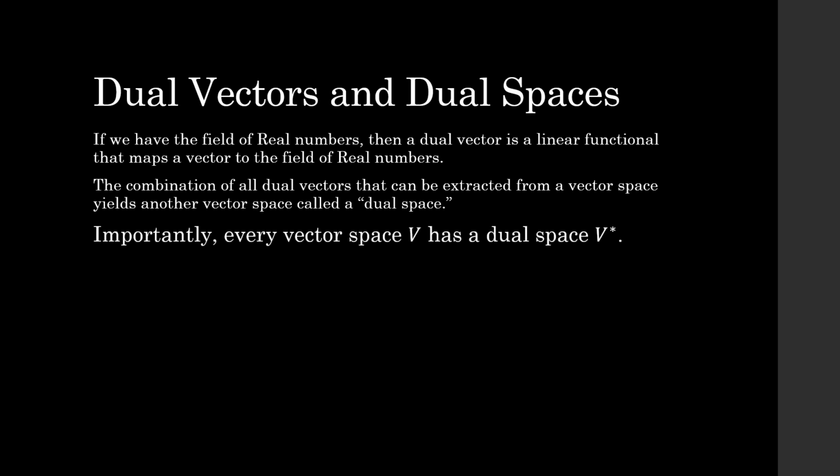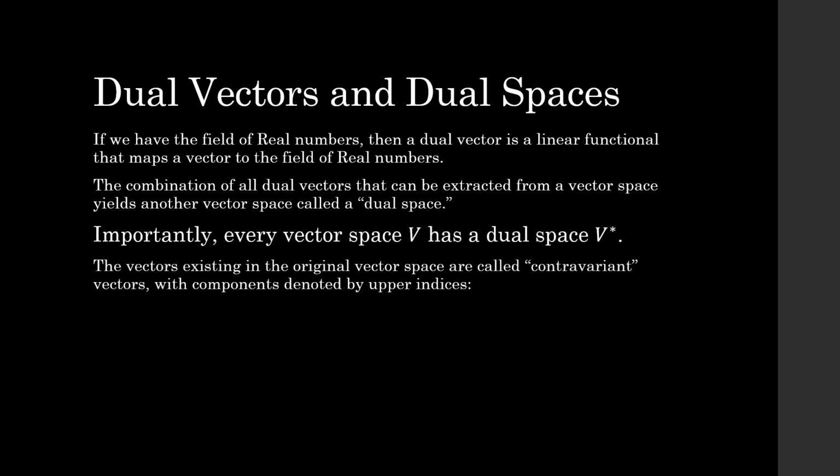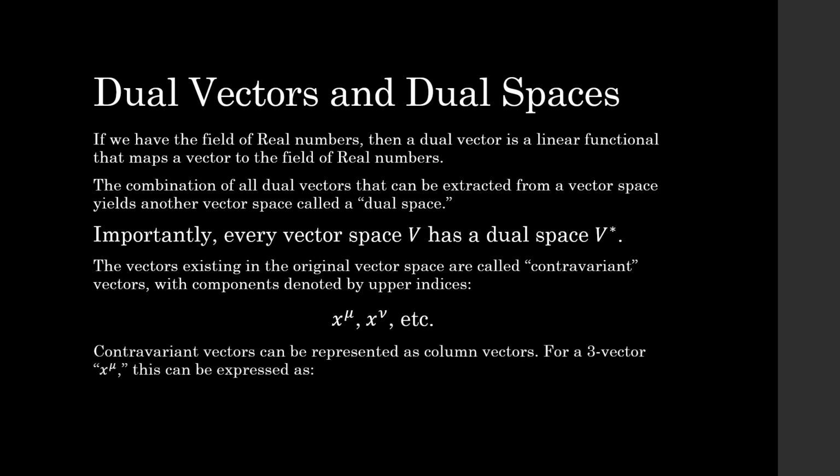Importantly, though, every vector space that can be imagined, such as V, has a dual space V star. The vectors existing in the original vector space are then called contravariant vectors with components denoted by upper indices. So x upper mu, x upper nu, x upper sigma, etc. Contravariant vectors can be represented as column vectors. For a 3-vector x upper mu, this can be expressed by the column vector a, b, c.